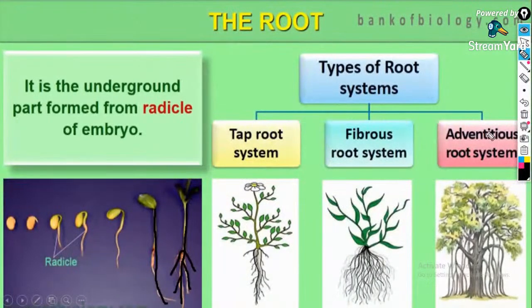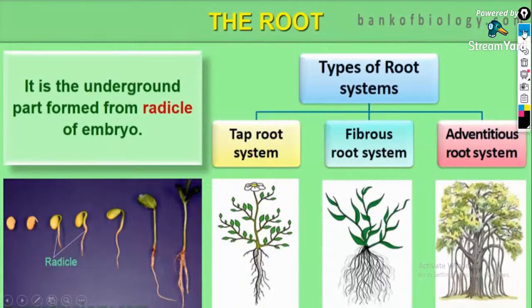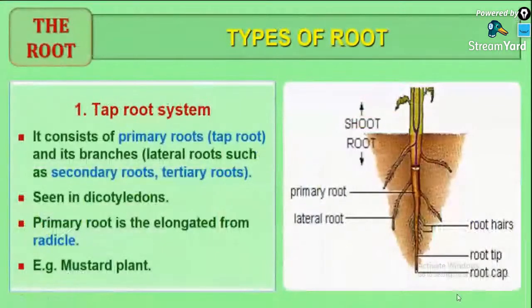So what is the extension of the radicle known as? In the taproot system, it is the primary root. The primary root is the taproot, and it is divided into small branches called the secondary roots and the tertiary roots. It is seen in dicotyledonous plants, and it is the elongated form of the radicle, for example, mustard.